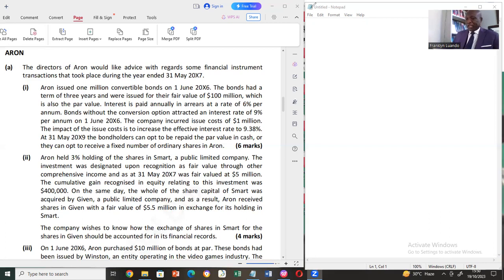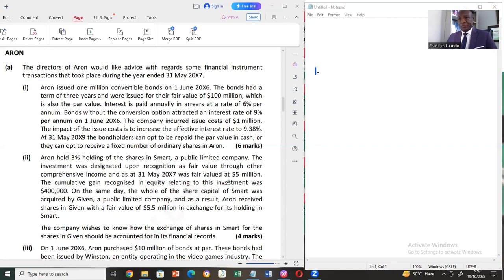The most important thing to understand here is that, number one, the compound financial instrument must be separated into debt component and equity component.